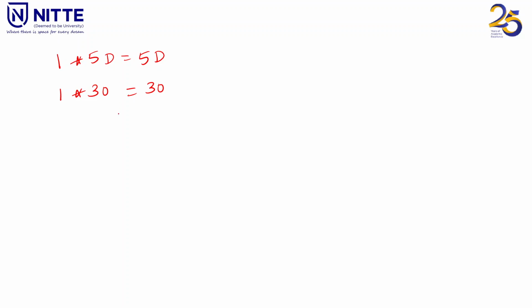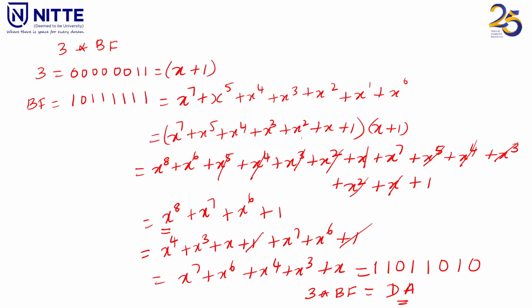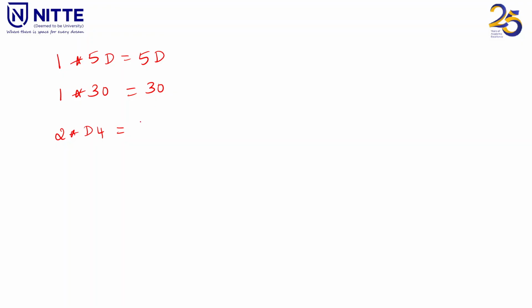After this, whatever values we have, we have to perform XOR. So 2 cross D4 value is B3. So 3 into BF is DA, 1 into 5D is 5D, and 1 into 30 is 30.